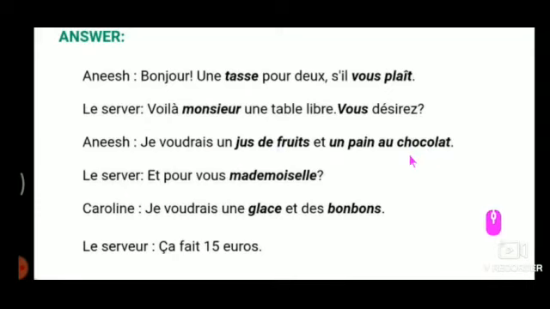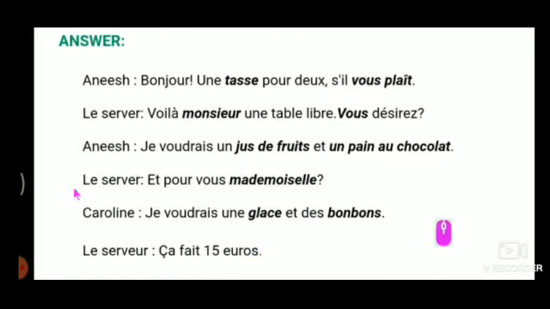So what we guessed was right. Et pour vous, mademoiselle. Mademoiselle, spelling from here you can take. Caroline, je voudrais une glace et des bonbons. Le serveur, ça fait 15 euros.